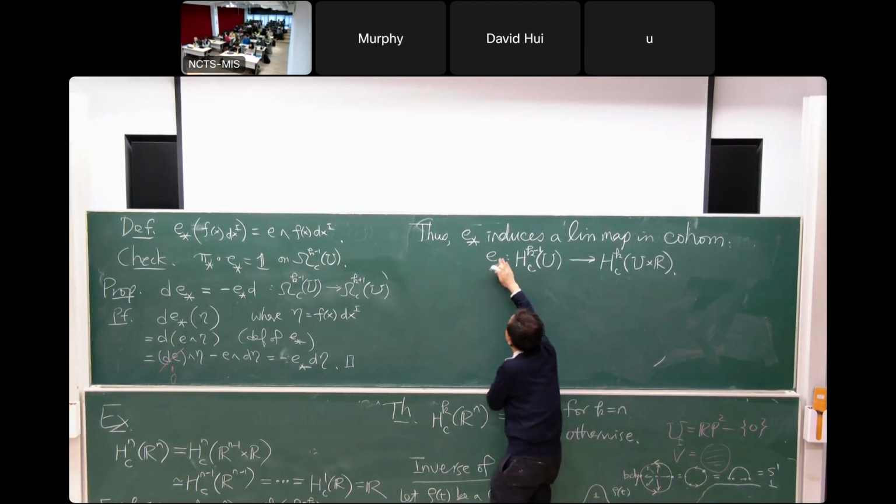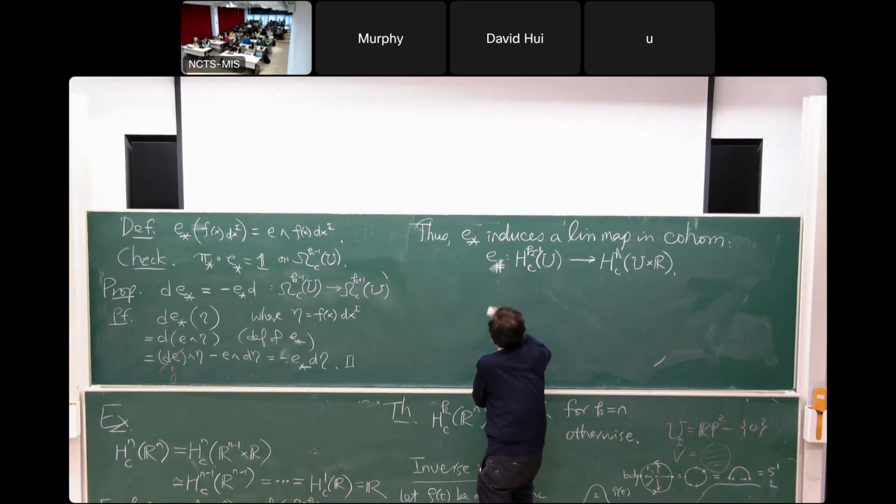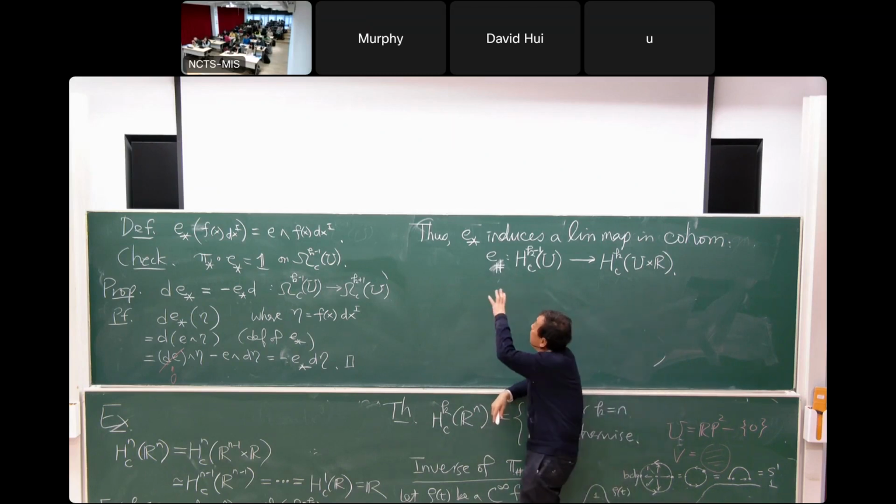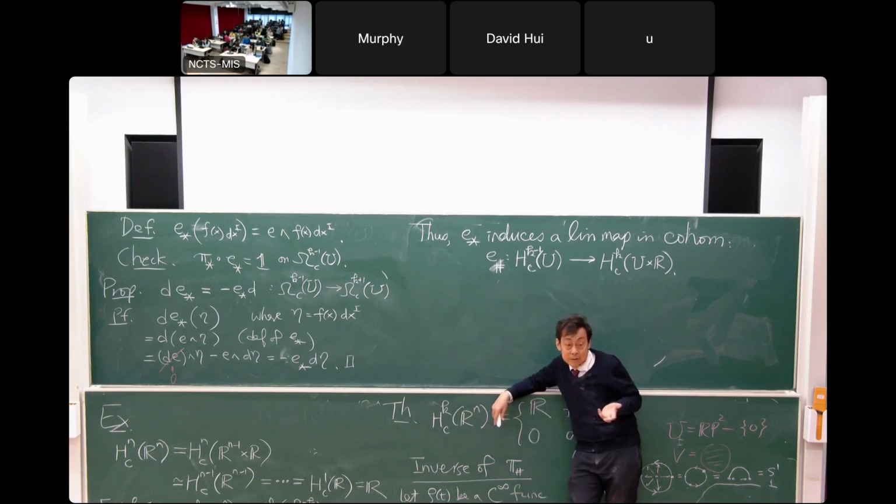This should be E lower hat. Right now, we keep the map on forms distinct from the map in cohomology. It's less confusing, but eventually we use the same notation for both. Okay.